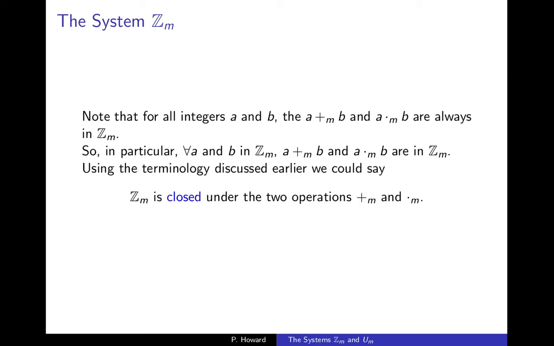Using our earlier terminology, this means that Z sub m is closed under the two operations plus sub m and times sub m. Add two things in Z sub m, you get something in Z sub m. Multiply two things in Z sub m using times sub m, you get something in Z sub m.